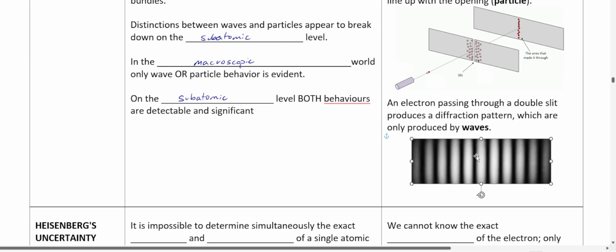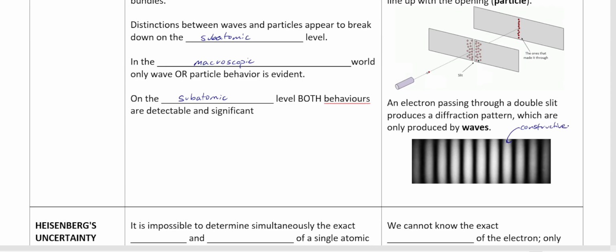And these bright lines correspond to antinodes, right? So these bright lines right here are constructive interference, where you have strong electron striking, and this right here is destructive interference. So no electrons are striking at this location.